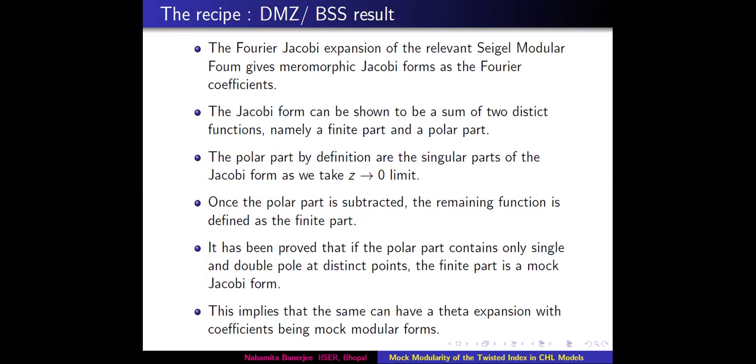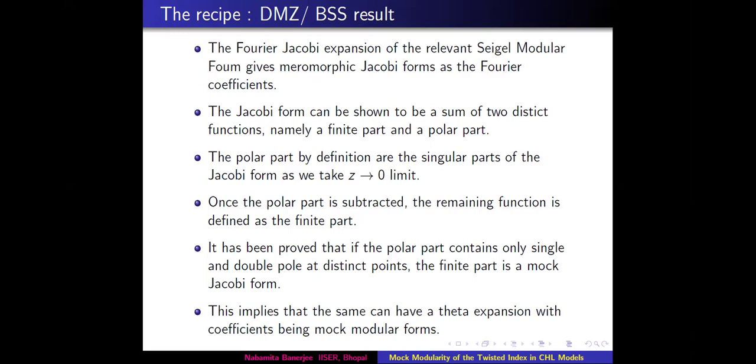If you remember, their conclusion was that the Siegel modular form has in its Fourier-Jacobi expansion a meromorphic Jacobi form, and the meromorphic Jacobi form actually gives us a mock Jacobi form, where the mock part gives me the single-centered black hole entropy and the Appell-Lerch sum part gives me the multi-centered black hole entropy. That was their result. So let me tell you how to go for it.